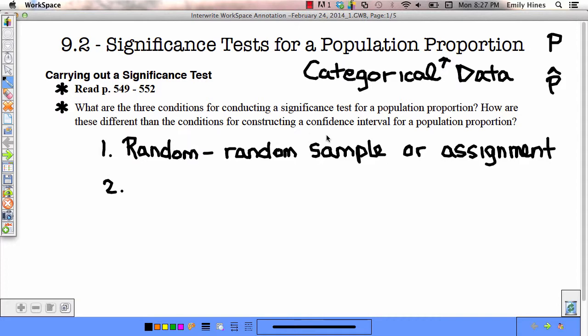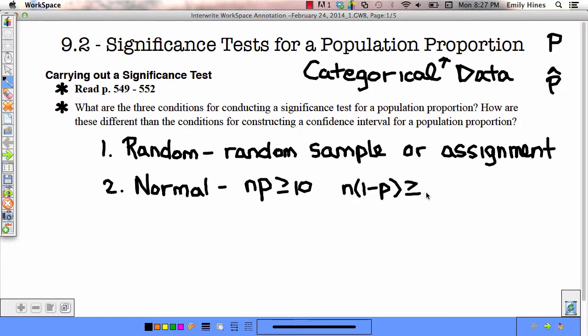Okay, if we're talking about normal, that's the np one, because this is categorical data. So it's not like it actually could come from a normal population. So this is where you have to say sample size times the proportion greater than or equal to 10. Sample size times 1 minus the proportion must also be greater than or equal to 10. And the question is, what proportion am I using here?